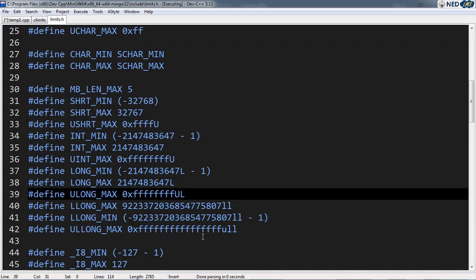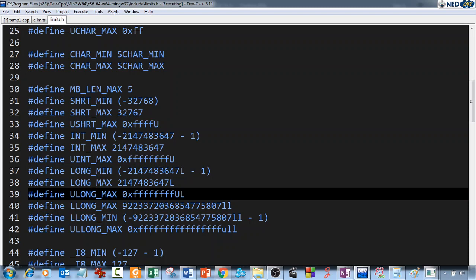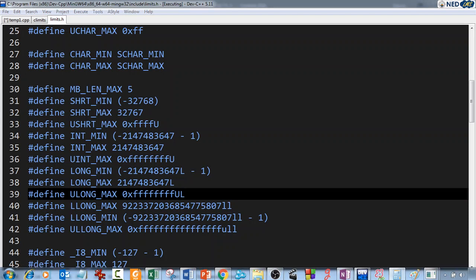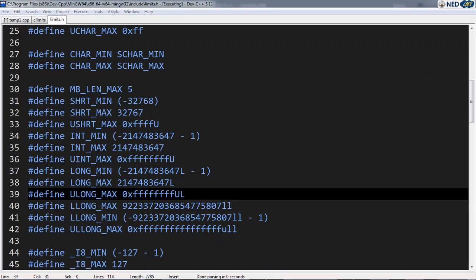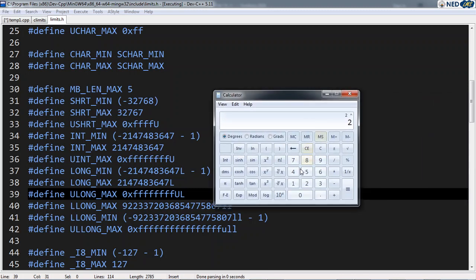So we have going from 64 bits. So I think it's kind of a, let's try 64 bits. So 64 bits is 2 to the power 64.